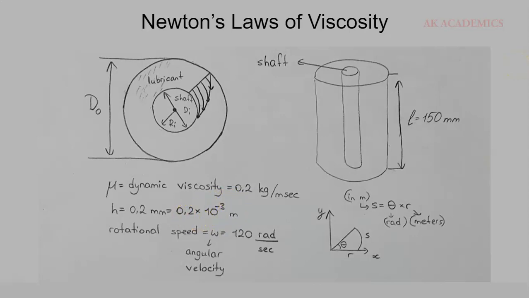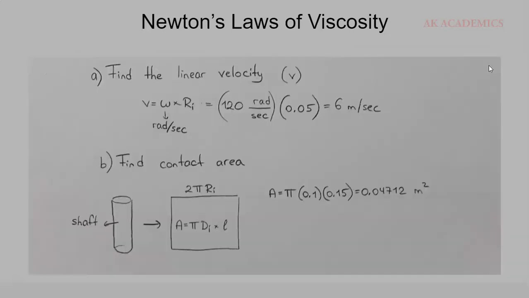The rotational speed is given as 120 radians per second, W, and you do know that our W is the angular velocity, which is given as 120 radians per second. So find the linear velocity. That's the first thing you want to do. The linear velocity will be equal to the angular velocity multiplied by the radius of the shaft given to us.